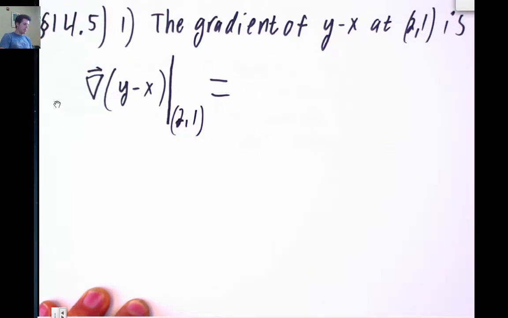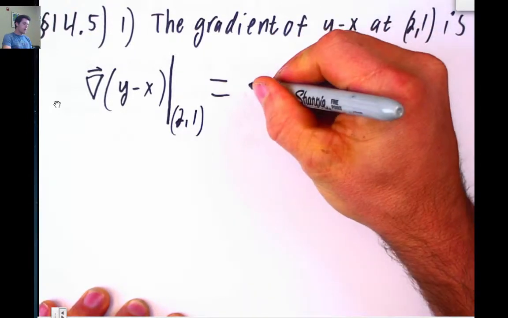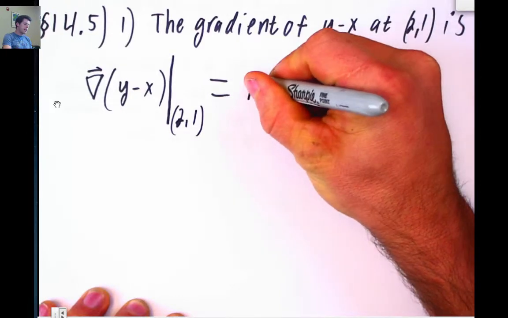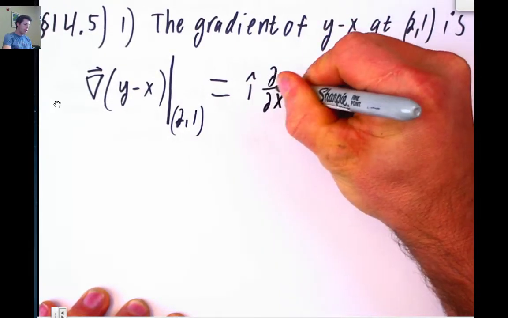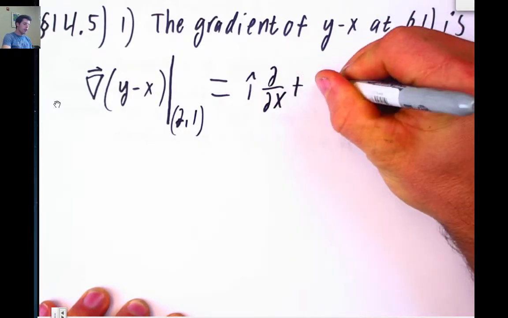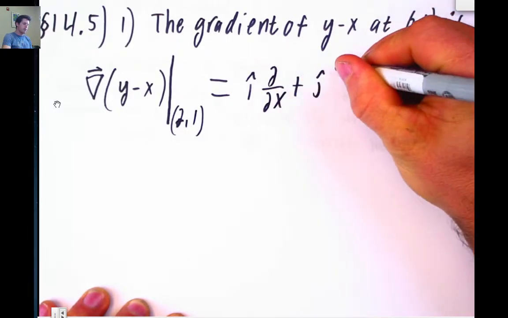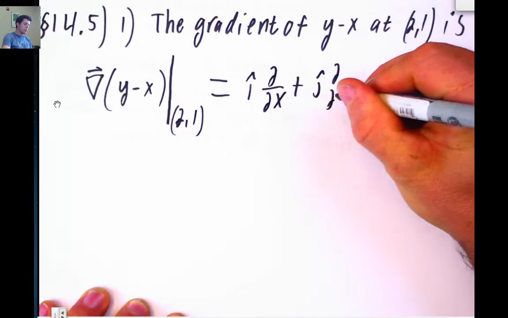Okay, time to get started with the calculation then. There's various ways to write this. Let's see, I could go with the standard unit vector notation, i hat d/dx plus j hat d/dy.